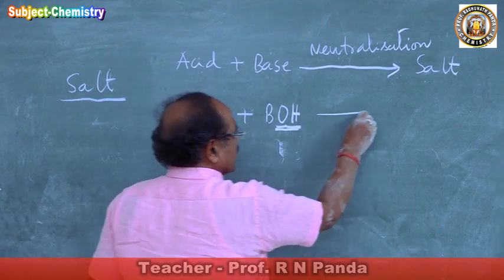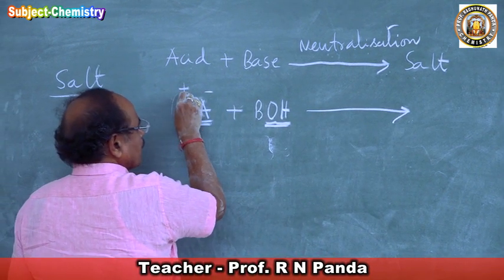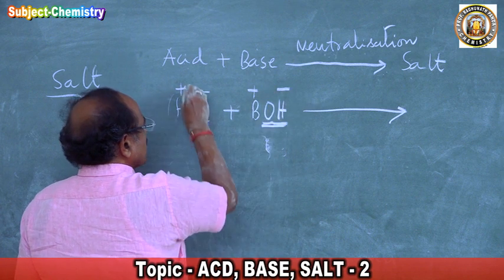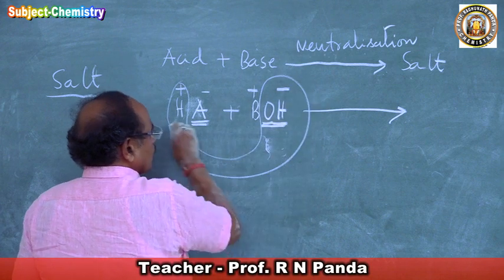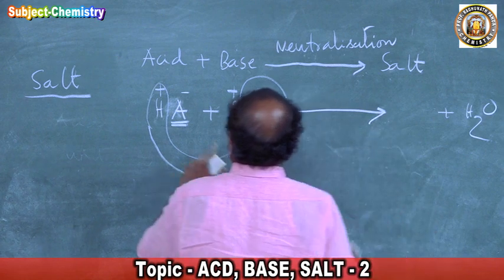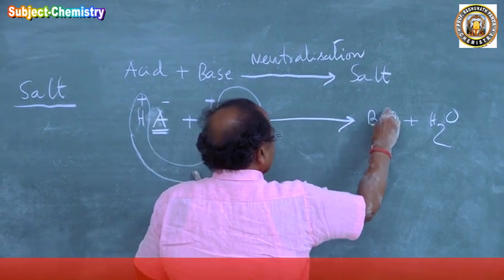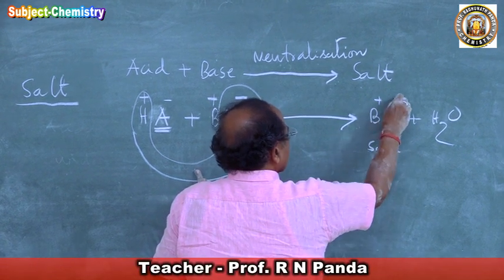So now they will react. Here A is minus, H is plus. Here B is plus, OH is minus. This H plus will react with OH minus to form water, and the positive part and negative part will combine to form BA. So this is the salt, B plus A minus.